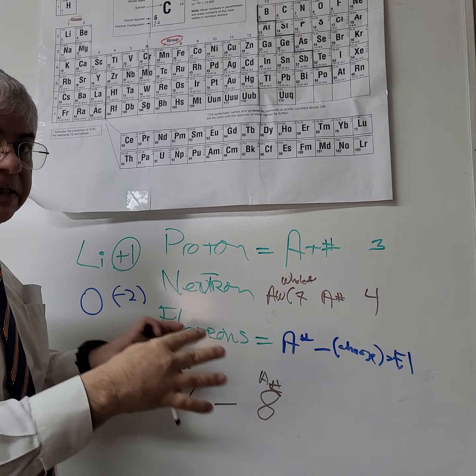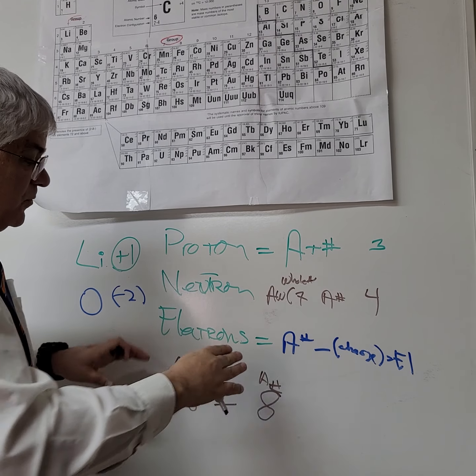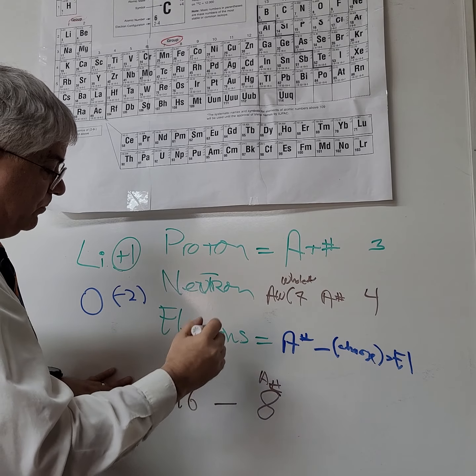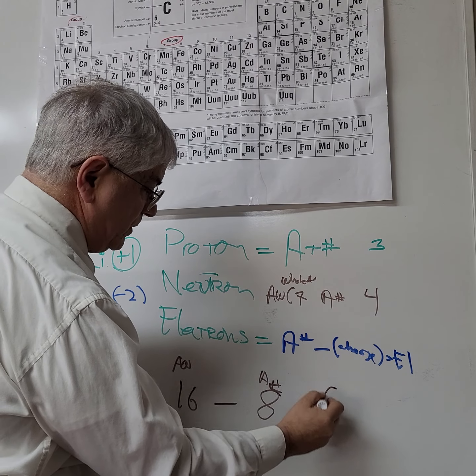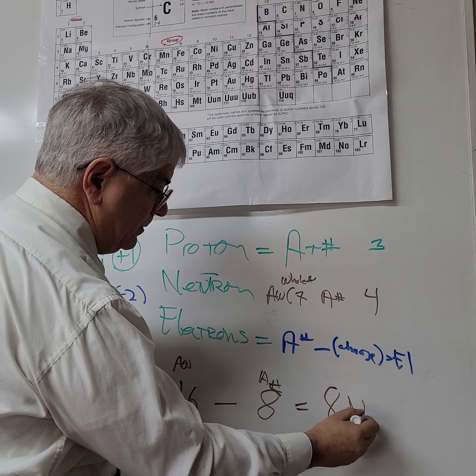Electrons are like 1/16 the size. So from a weight perspective, they don't add a lot. So we take 16 minus 8, and that equals 8 neutrons.